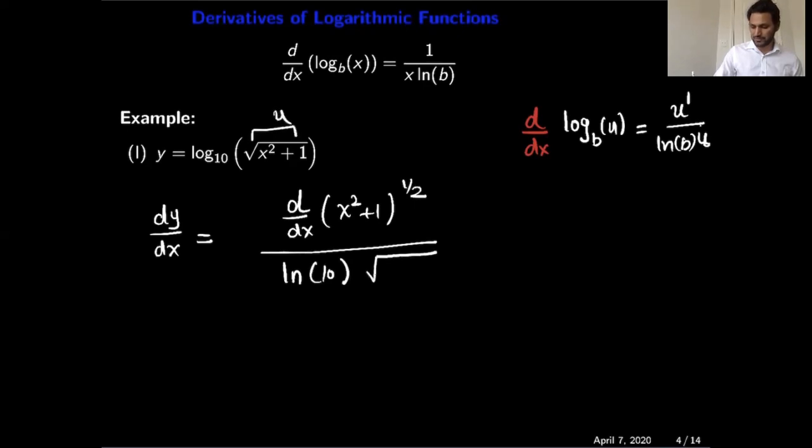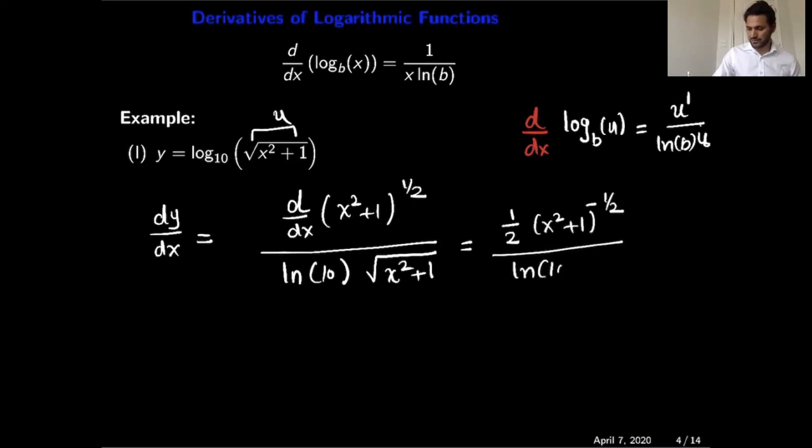So I will have x squared plus 1. The derivative is going to be 1/2 x squared plus 1 to the power negative 1/2, divided by natural log of 10 and square root of x squared plus 1.